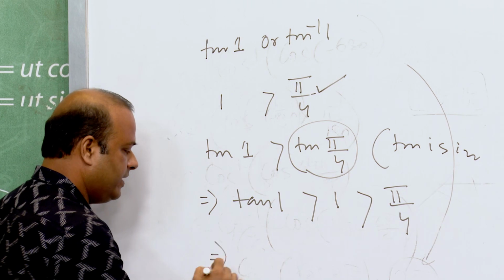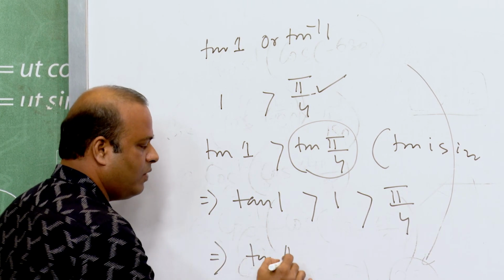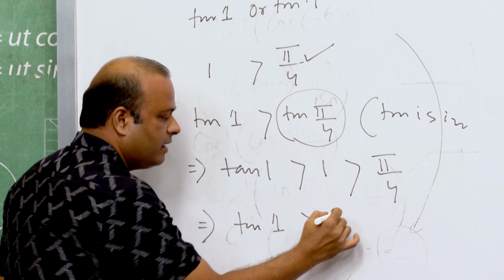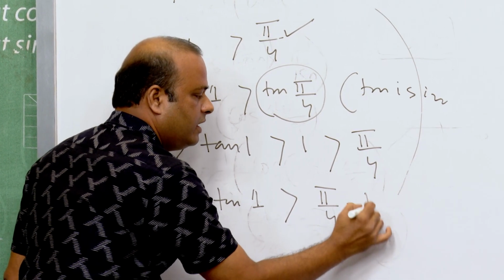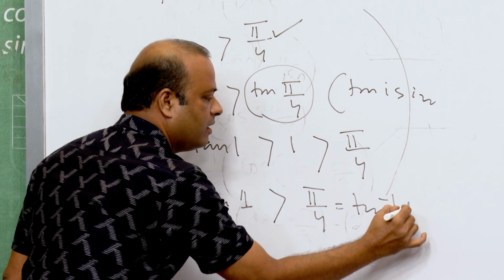So what you get is tan 1 greater than pi by 4, which is equal to tan inverse 1.